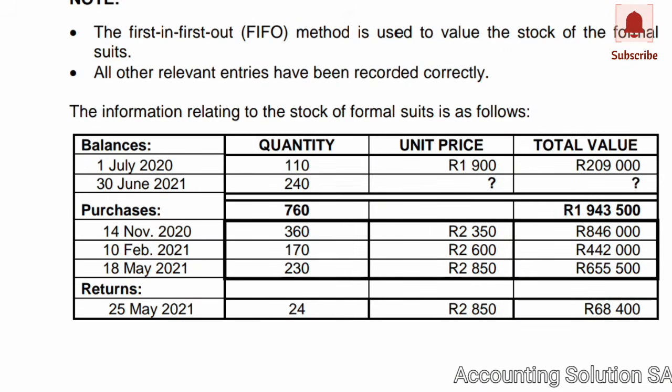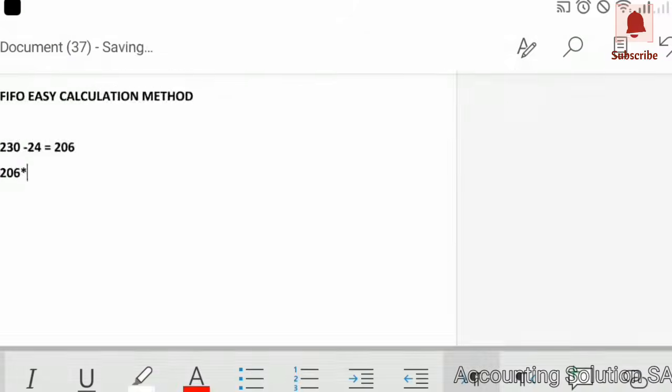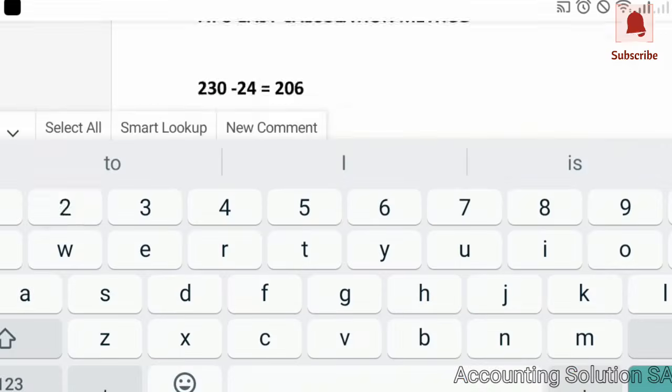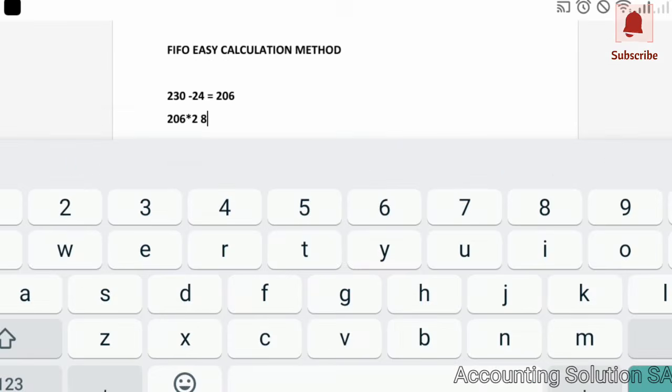2,850, which means that we have to multiply by the value of that batch of 230, because we take it from there. 2,850.